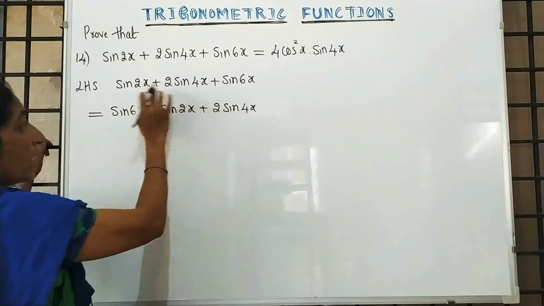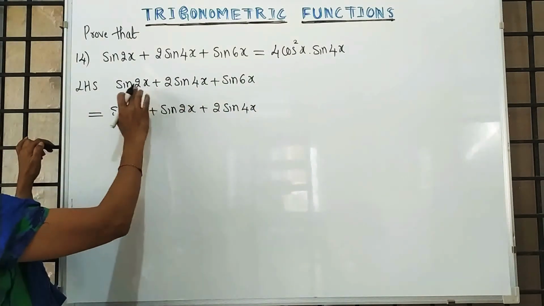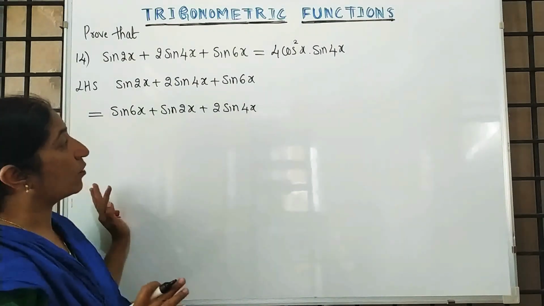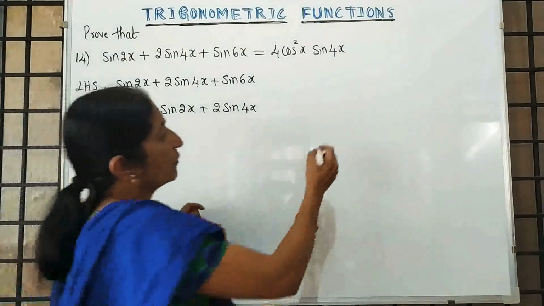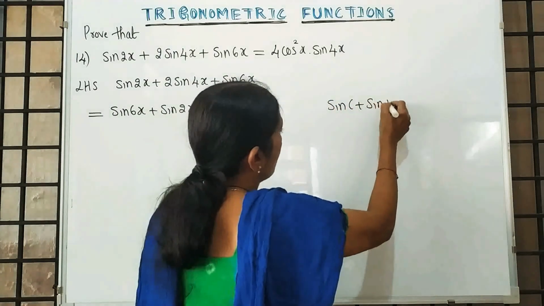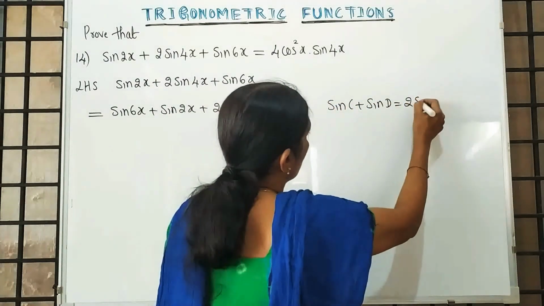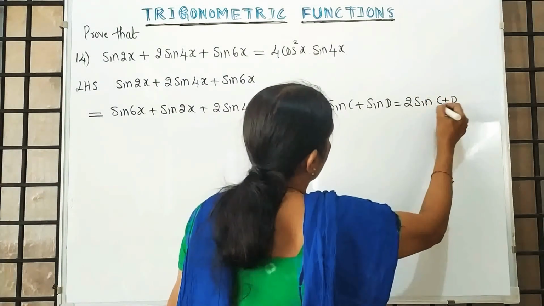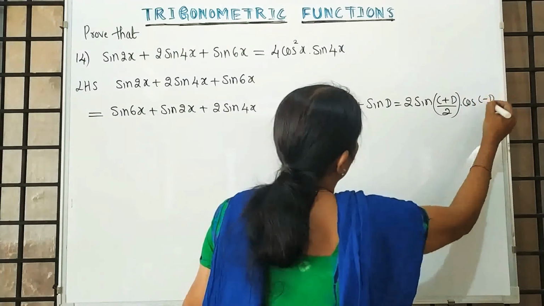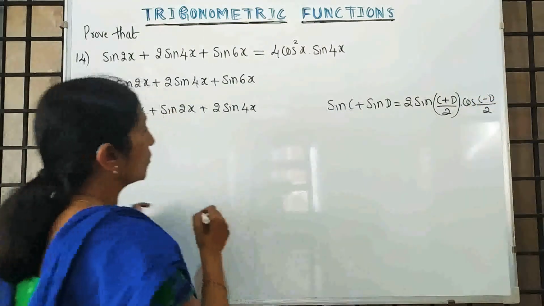I cannot apply the formula here because the coefficient of sin 4x is 2. If it is other than 1, we cannot apply. They are in the form of sin C plus sin D. Sin C plus sin D is 2 sin C plus D by 2 into cos C minus D by 2.